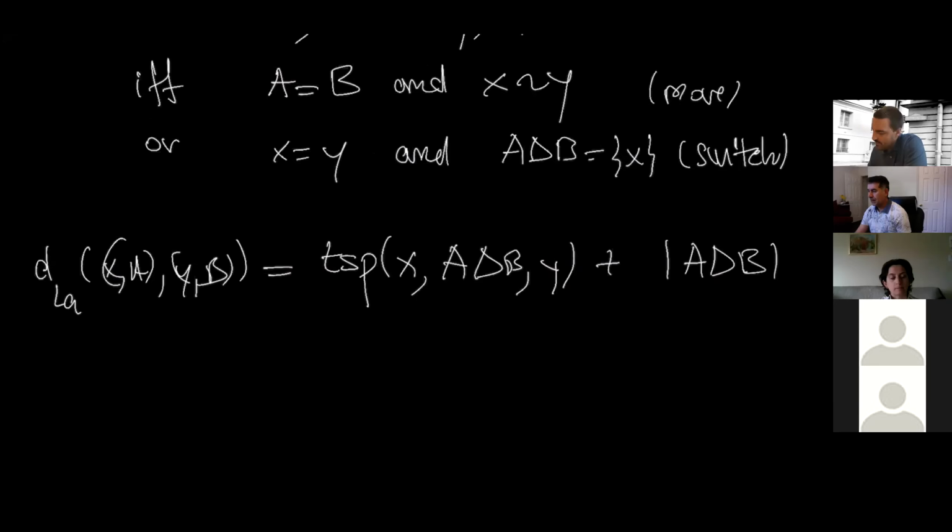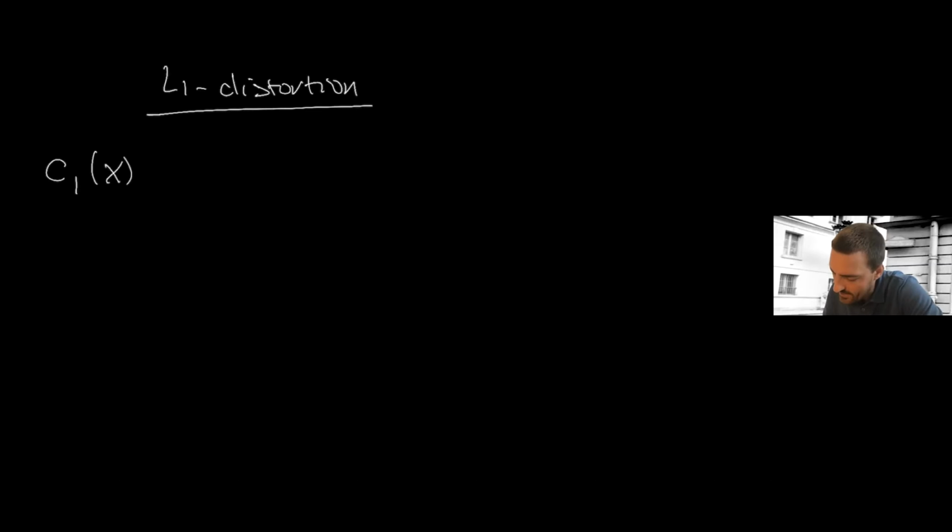I am interested in embedding these spaces into an L1 space, so let me briefly review some notions from metric geometry. I define c1(X) to be the L1 distortion of a metric space, where (X, dX) is a metric space.